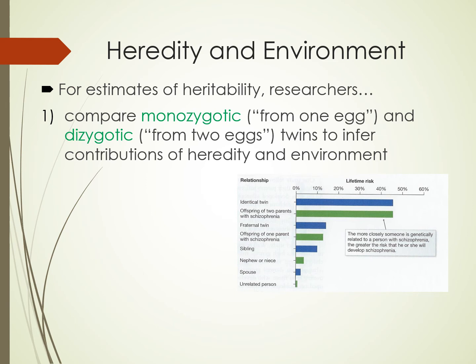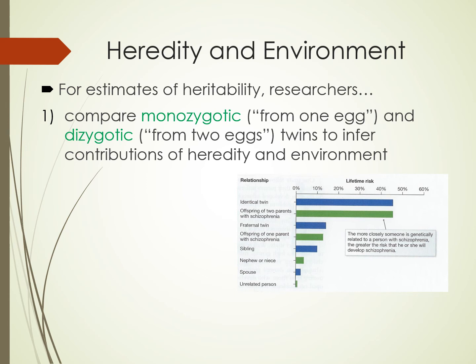But they are more similar in their environment than other siblings, in the same way that monozygotic twins are more similar in their environments. Importantly, there is the prenatal environment, but what's also important is where you are in the family, whether you're an older sibling, a middle sibling, or a younger sibling.